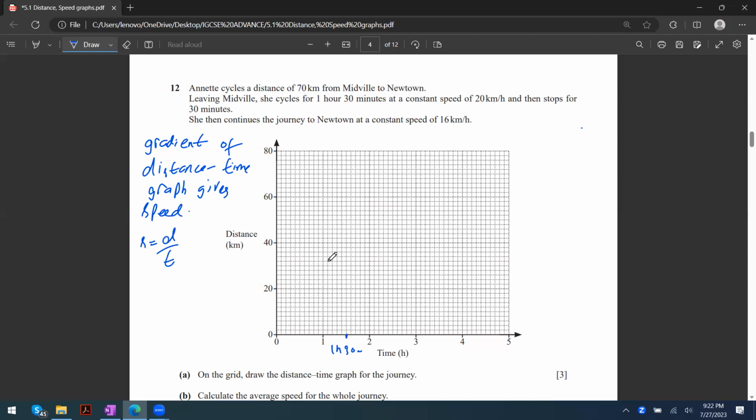So if we are finding the gradient of distance over time, we are dividing distance by time. So that is speed. Now they say constant speed of 20 kilometer per hour, so that means a constant gradient. It's a straight line.